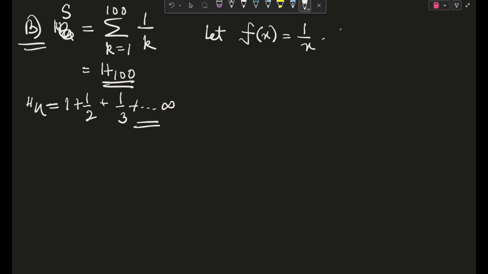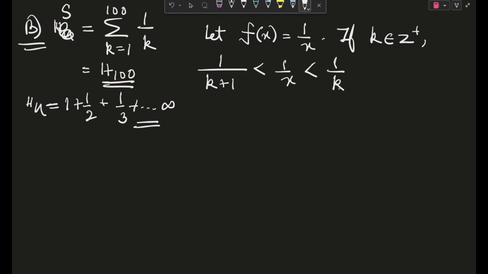Now, if there is a number k which belongs to positive integers, then actually 1 by k plus 1 will be less than 1 by x, which will be less than 1 by k. Right? I hope this is pretty obvious.